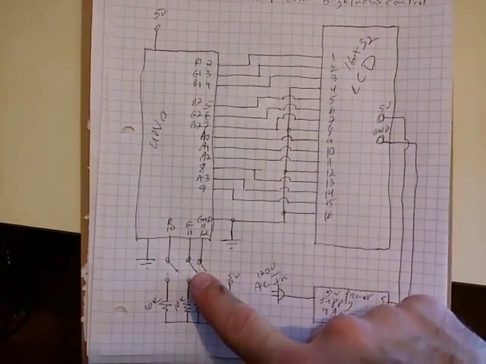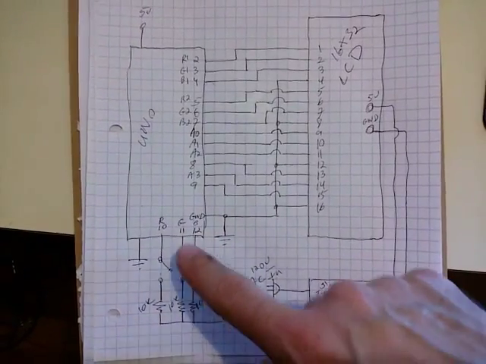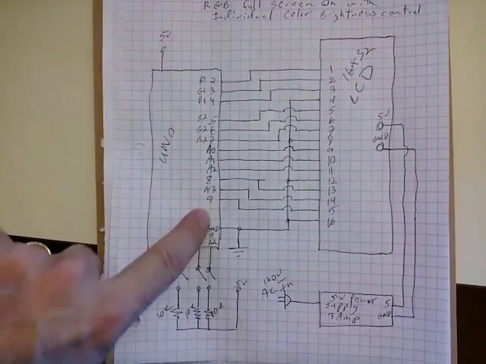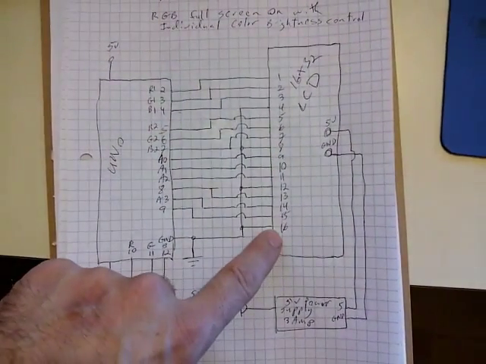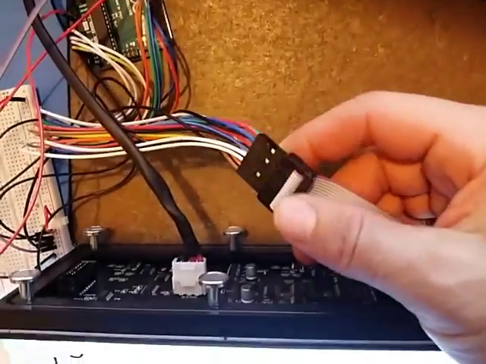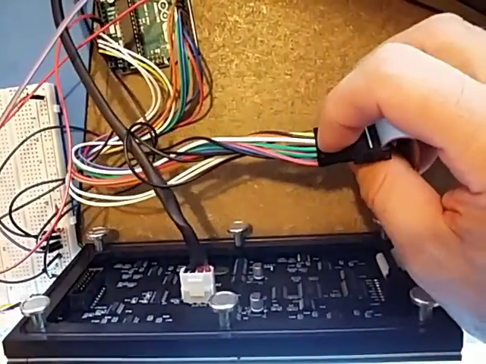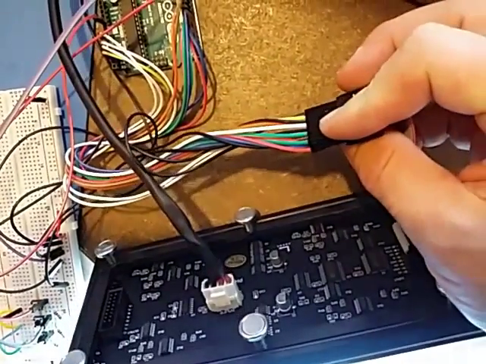So anyways, this is back to the diagram. These are the 3 buttons for the red, green, blue brightness level. And then all these are just the pins here on the Arduino UNO I'm using. And then these are the 1 through 16 pins of the LED display here. I did use actual red, green, and blue wires to indicate red, green, and blue. It is easier that way to troubleshoot if you're messing something up.